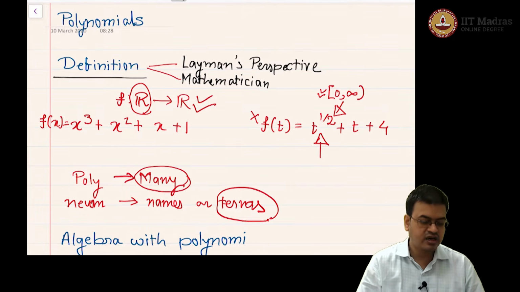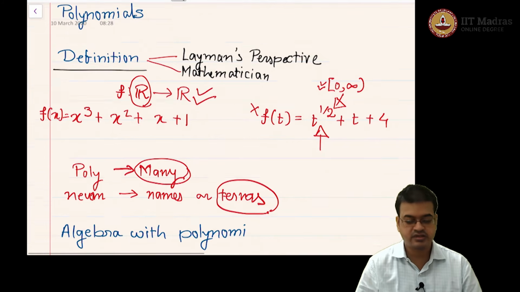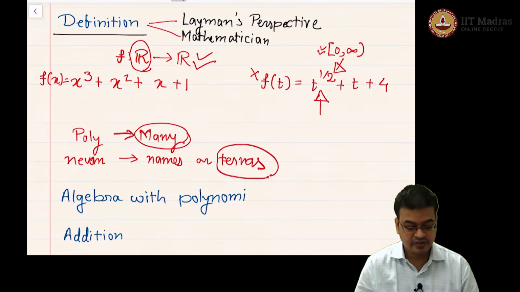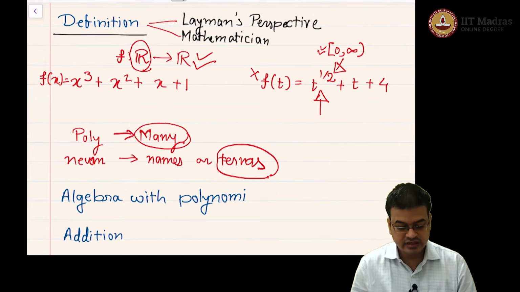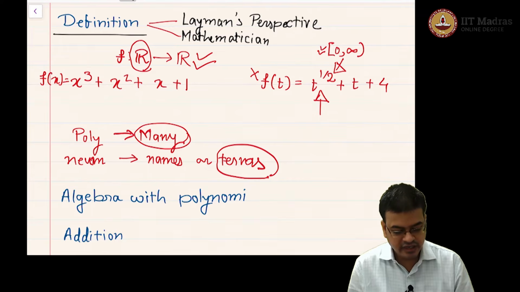So a function involving many terms, and then we are talking about what kind of terms these functions should have.